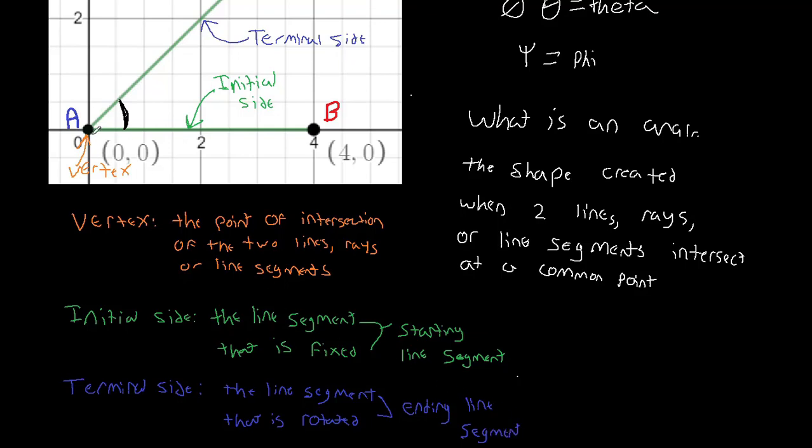So again, the vertex is the point where they meet. We pick one side to be the initial side, and then we rotate to the terminal side to get the measure of the angle.